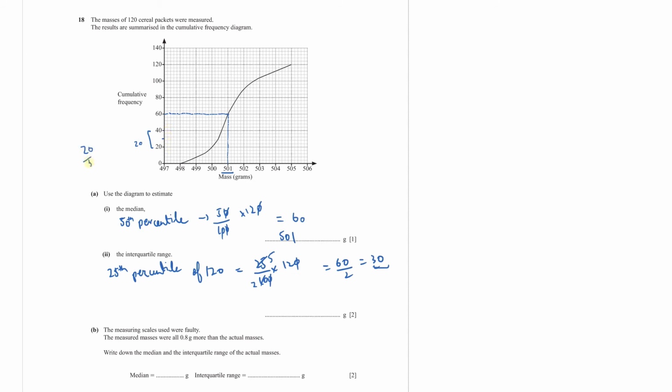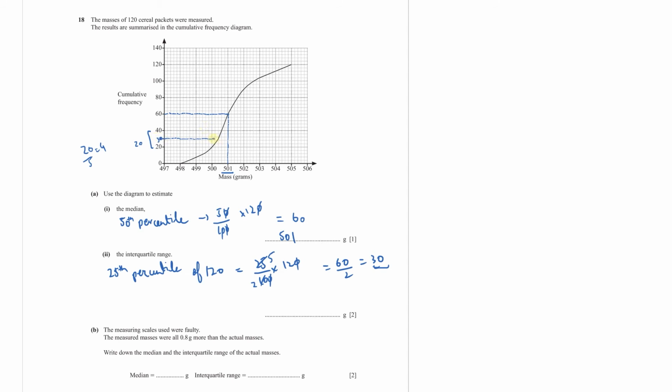So 20 divided by 5 equals 4. So this is 24, 28, then 32. The middle value between 28 and 32 is 30.